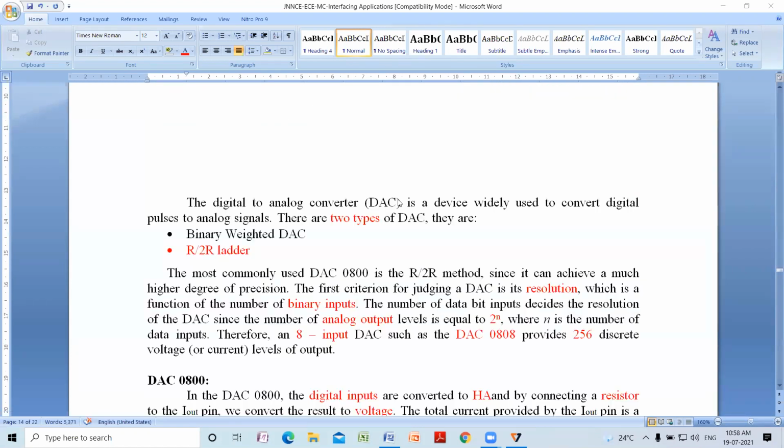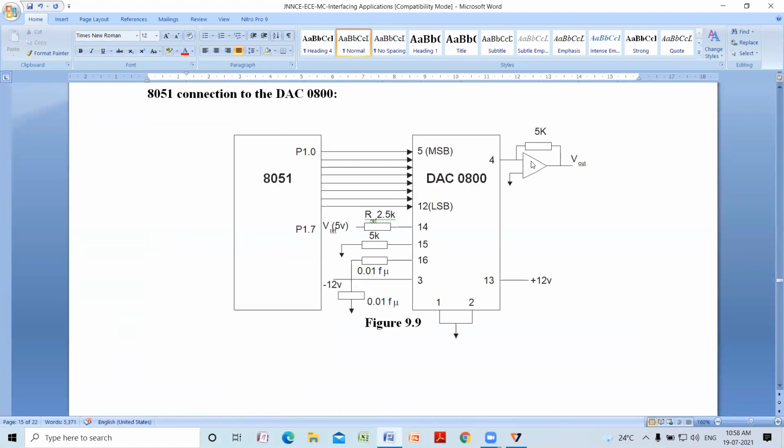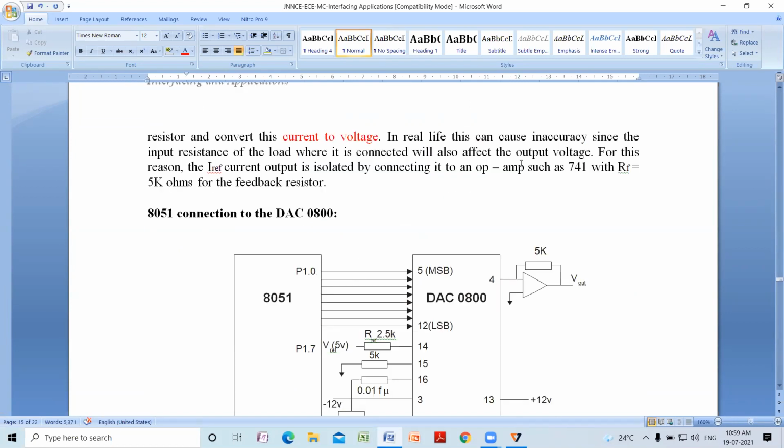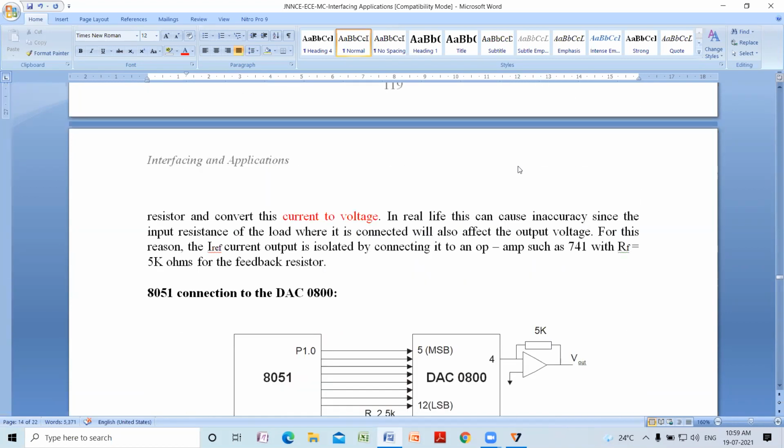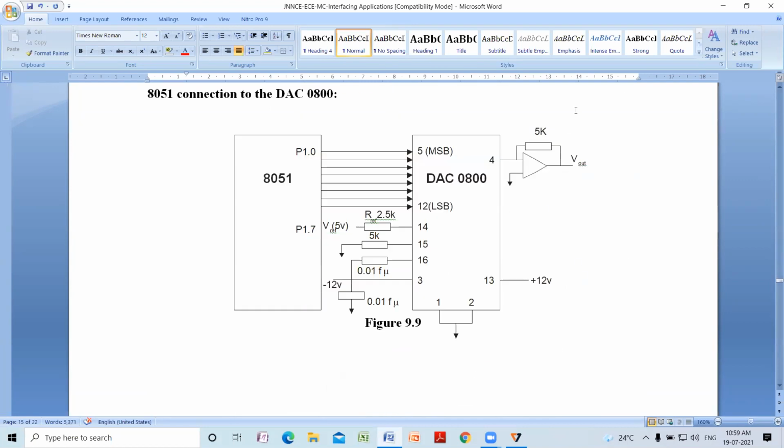That is why, to isolate that load, you are connecting it to an op amp such as 741 with RF equal to 5 kilo ohms.